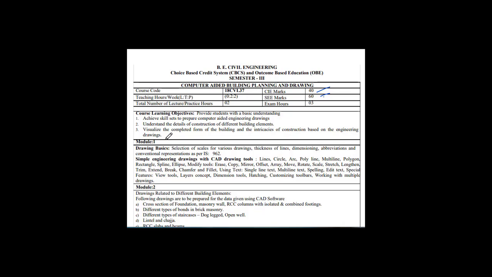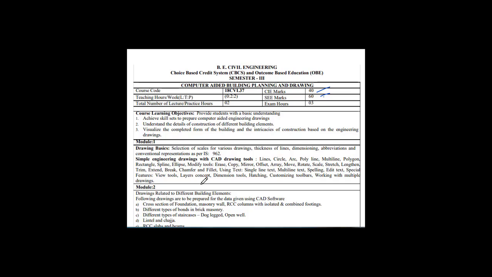That planning of the structure is achieved to a considerable extent by using a software. From that software, we understand how our building components are going to perform. That is the third objective, visualize the completed form of building and intricacies of construction based on engineering drawings.